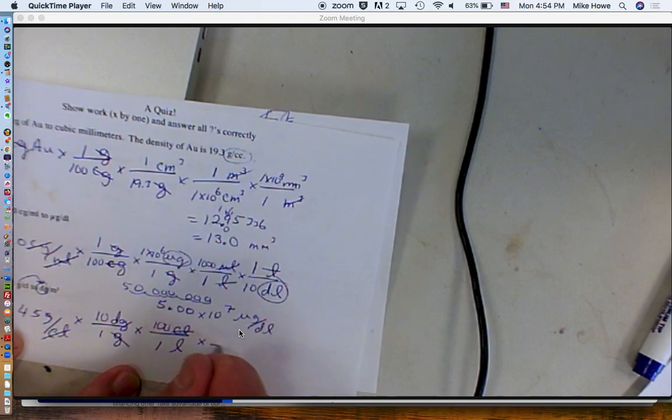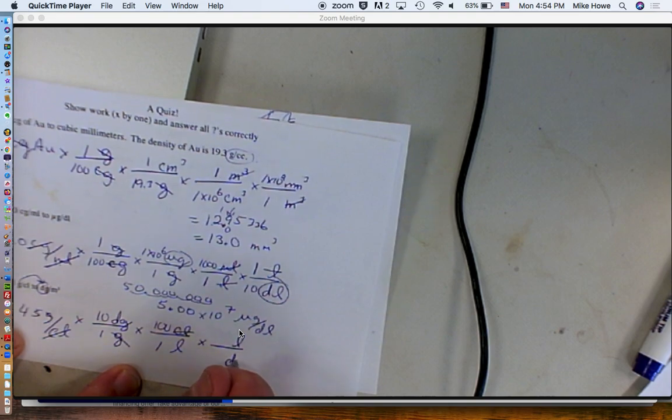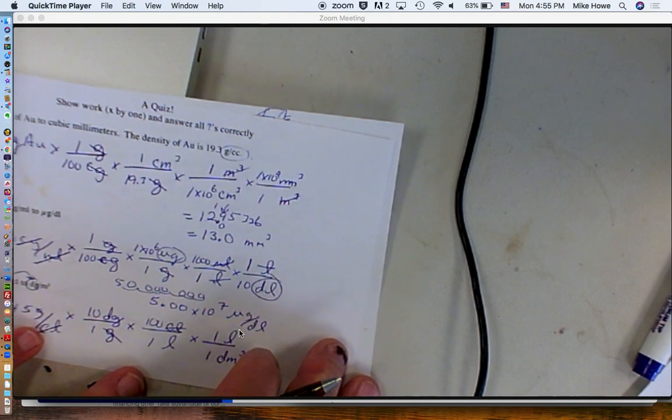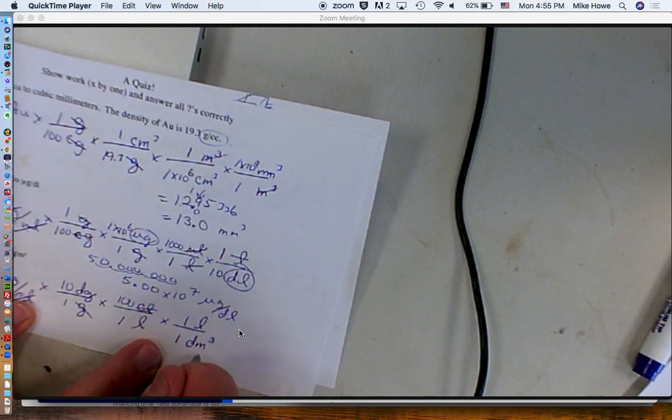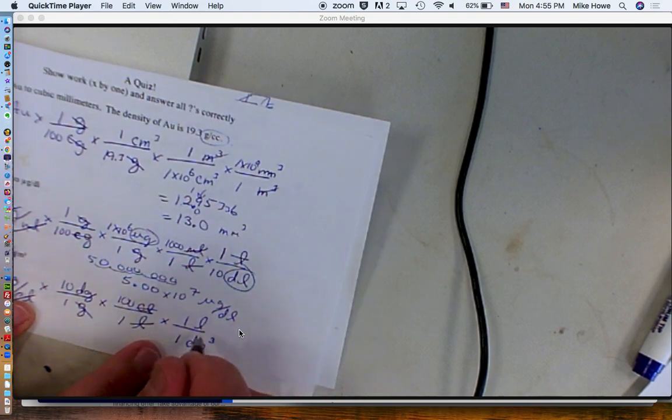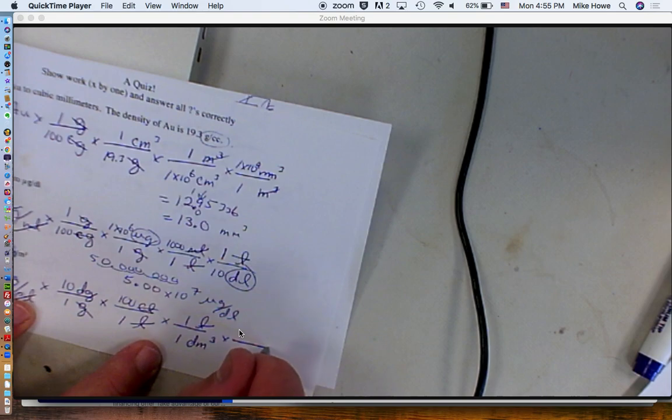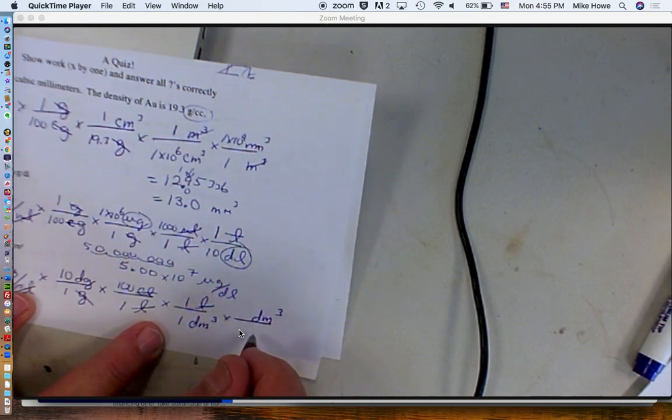So I'm going to get rid of liters, and since I remember that all the water from my 1 liter flask fit into my 1 cubic decimeter, that's how I'm going to make the conversion to cubic decimeters. Now I've got it in a length, width, height kind of volume unit. Liters have canceled. I need to get rid of decimeters cubed, put it here, and then cubic meters on the bottom.